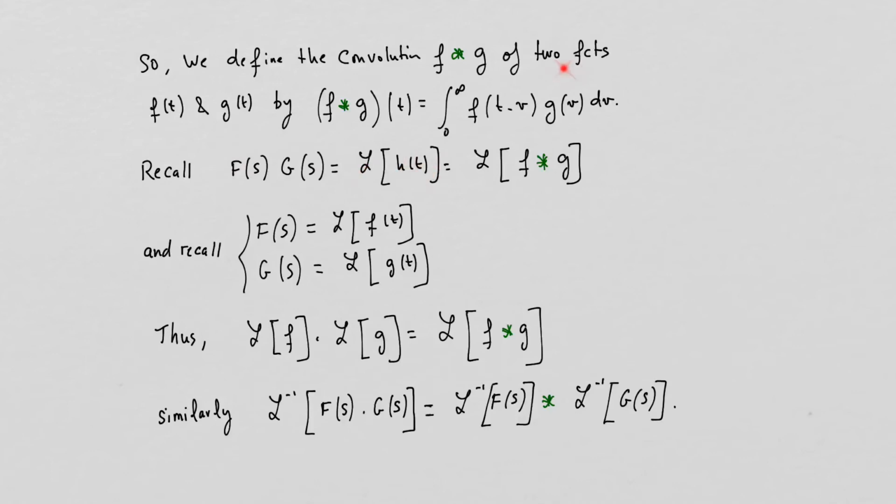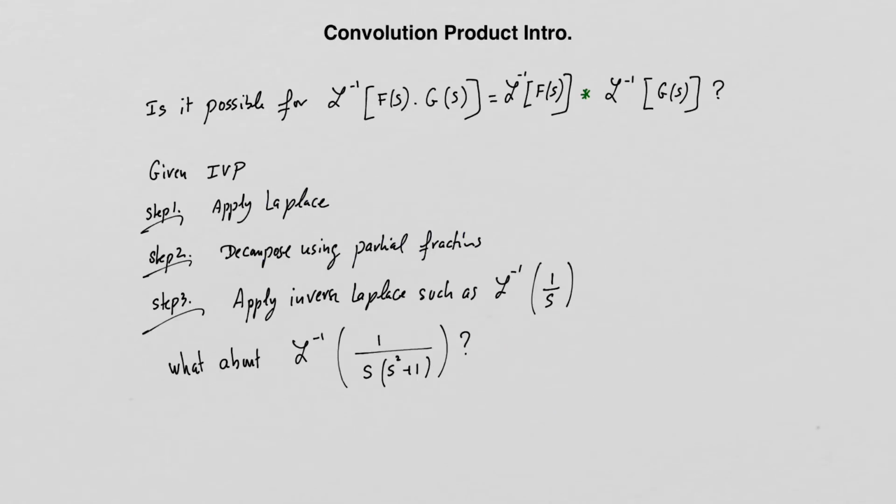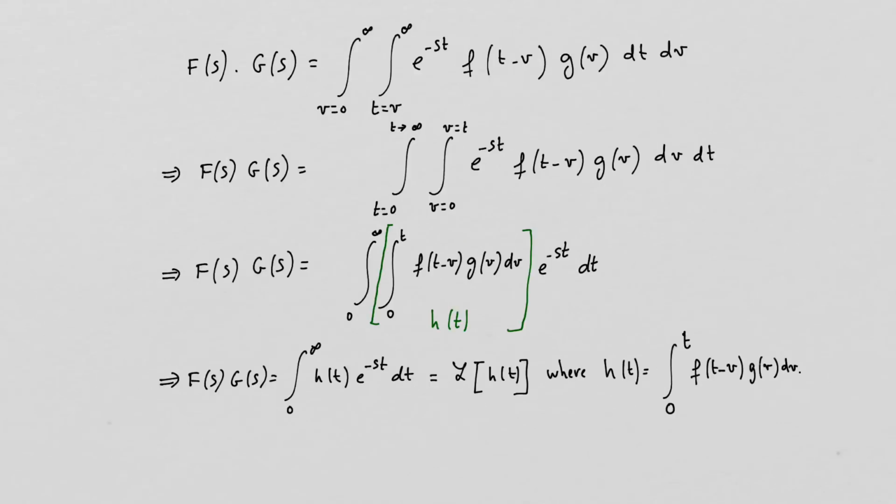So if we define this integral as f star g, then clearly capital F of s times capital G of s is Laplace of little f star little g. So this is how we are going to define that product, which will enable me, as you will see, to write Laplace inverse of F of s G of s as f star g, okay, as you will see in a minute.